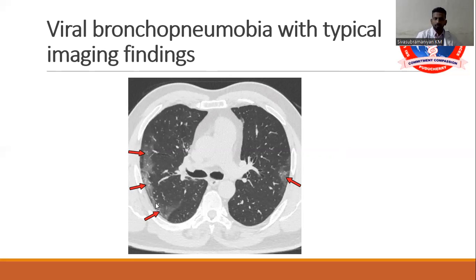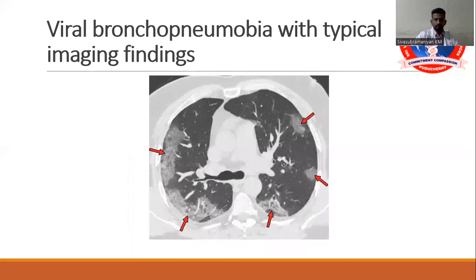So they are called subpleural fibrosis. COVID bronchopneumonia has a propensity to elicit a fibrotic response, and that you see as a radiological equivalent as linear bands of densities, and we call it linear fibrosis.